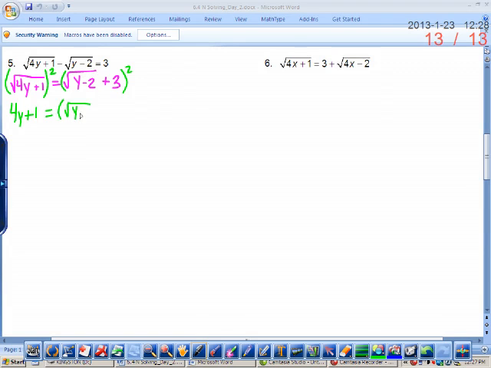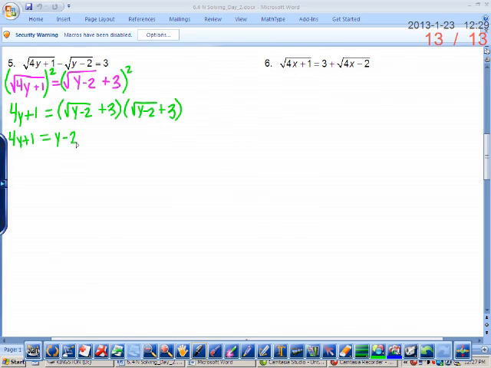So this is going to be the square root of y minus 2 plus 3 times the square root of y minus 2 plus 3. This is an addition here. You cannot distribute that squared. All right. So we're going to have 4y plus 1 equals, what's the square root of y minus 2 times the square root of y minus 2?